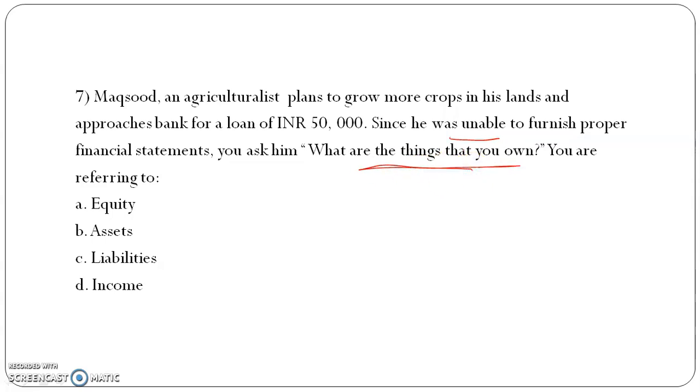When he doesn't show any kind of proper financial statement, you don't have an idea how much income source he has. So at that time you ask, what are the things that you own, that you have? So all these things are what? Is it equity? No. Is it assets? Yes. Because the things that he owns are his assets only, not liabilities, not income. So the correct answer will be assets.